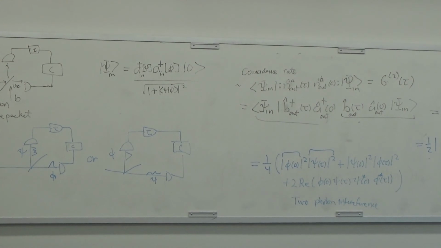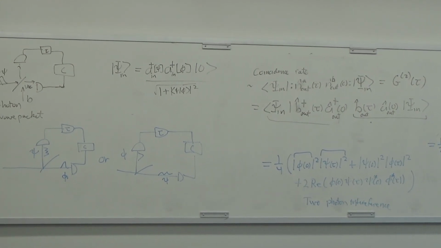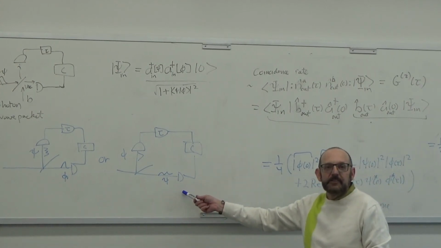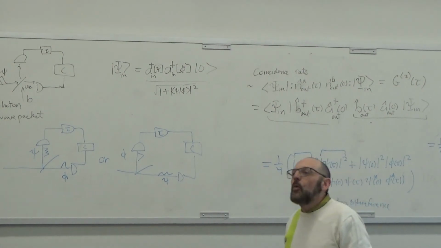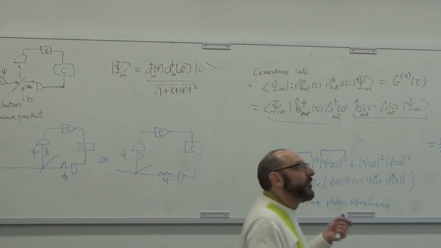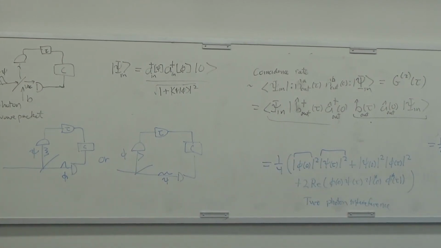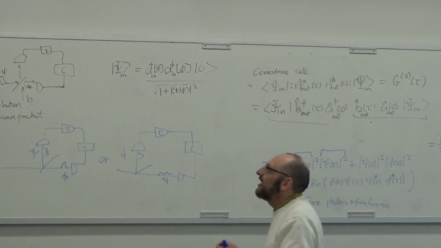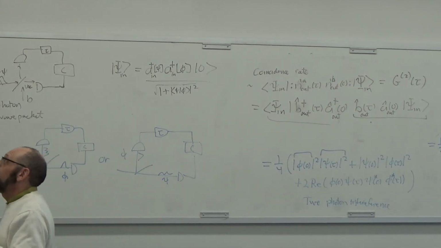So we can understand the Hanbury Brown-Twiss effect in terms of two-photon interference, in the same way that we understand the double-slit experiment or the Mach-Zehnder experiment in terms of individual quanta interfering with different histories.